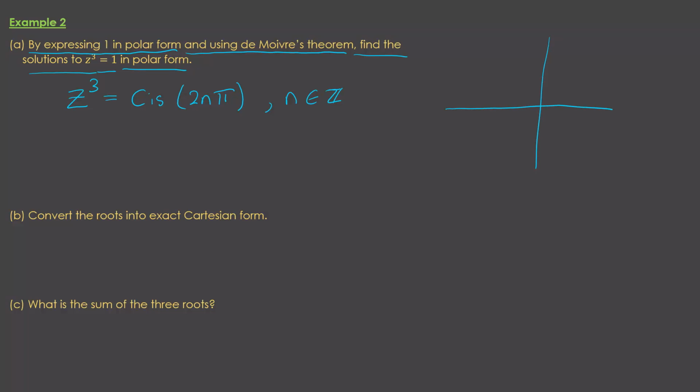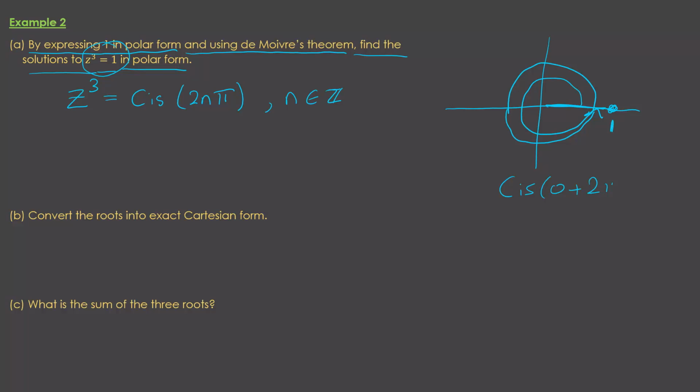We know that the only real solution to z cubed equals 1 is z equals 1. As a complex number, that's cis 0, but of course, no matter how many times we go around the diagram, and no matter in which direction, we can get to that point if we go around a full rotation.